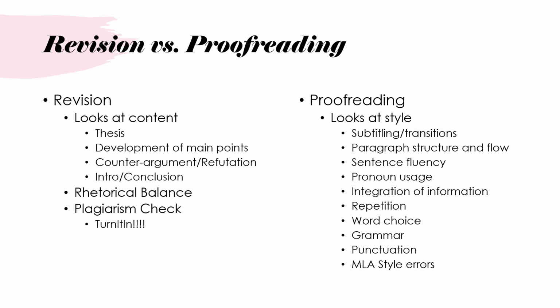It's going to make sure that the period for the sentence is outside of the citation, not inside of the citation, that you spelled the author's names correctly. Those are MLA style errors, and those are very different than plagiarism errors.